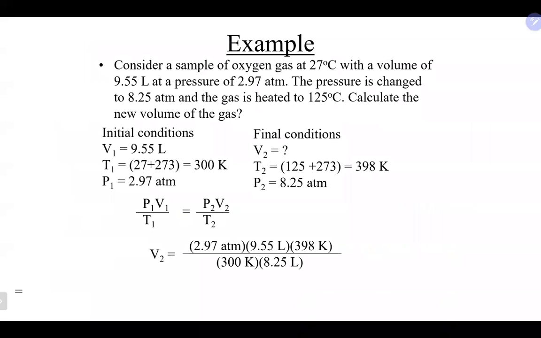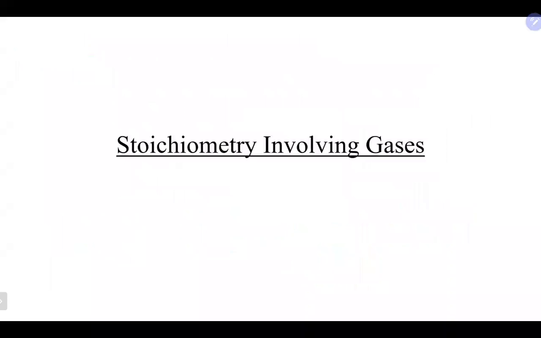Okay, the next thing we're going to talk about is stoichiometry that involves gases. The good news is it's pretty much the same steps that we use in a normal stoichiometry problem. Remember, in a normal stoichiometry problem, we always want to balance the equation. We want to convert to moles.